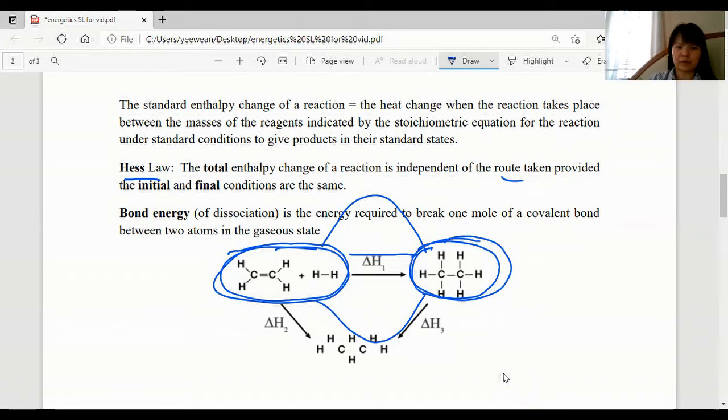So if we look at this enthalpy change here, ΔH1 is when we go direct. And ΔH2 is if we break everything here, break all the bonds here, whether single or double, and then form all the bonds here. So it's a long way to take, but it will still give us the same value.